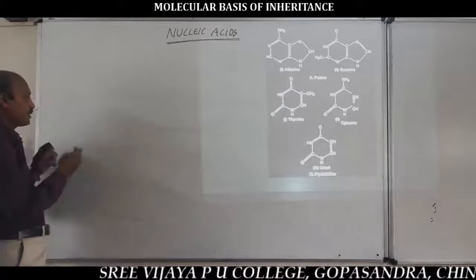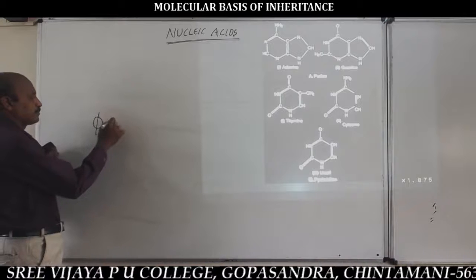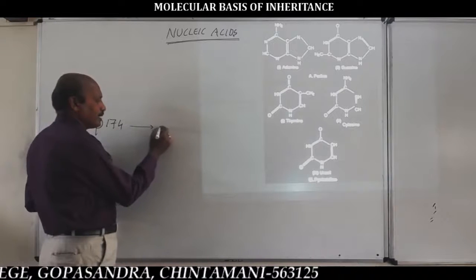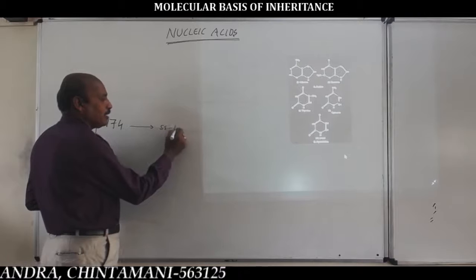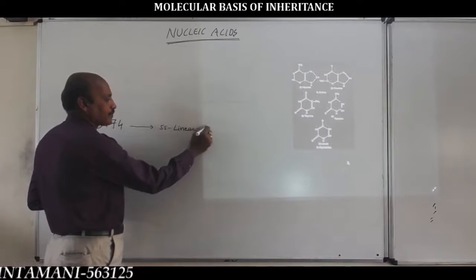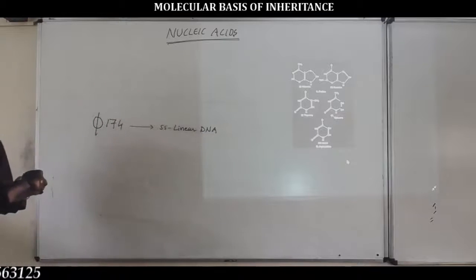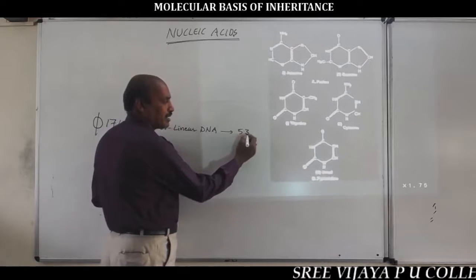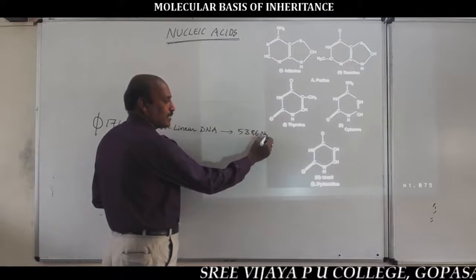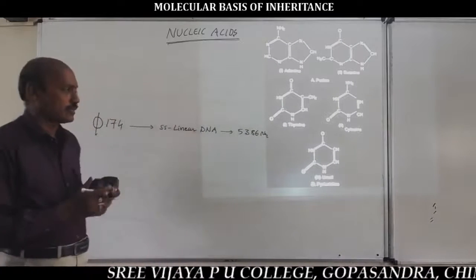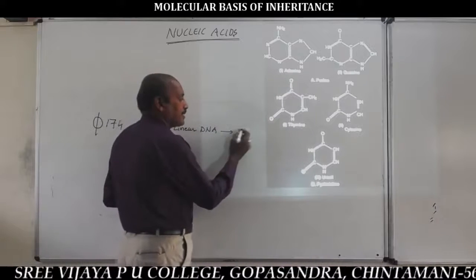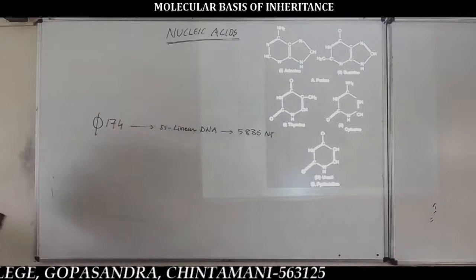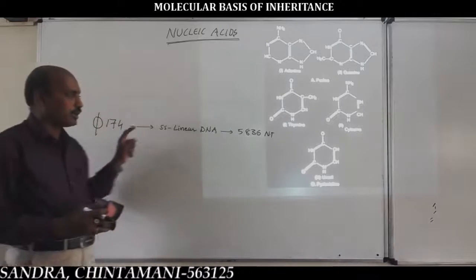For example, phi X 174 phage, a type of bacteriophage, has single stranded linear DNA containing 5386 nucleotides.